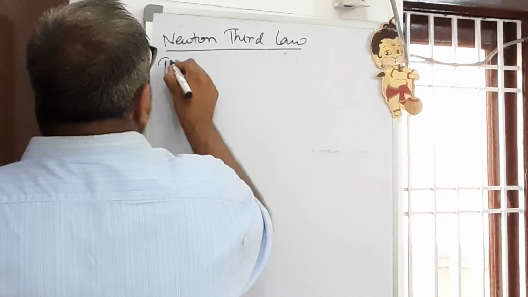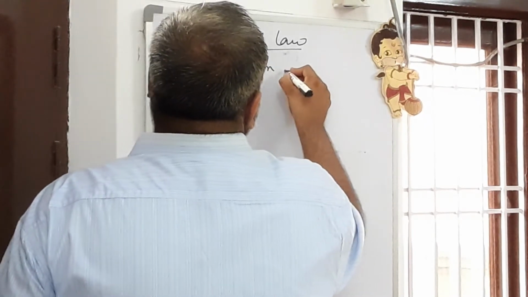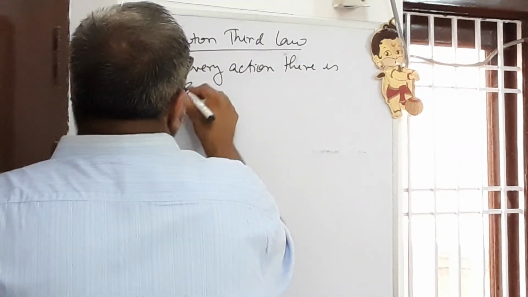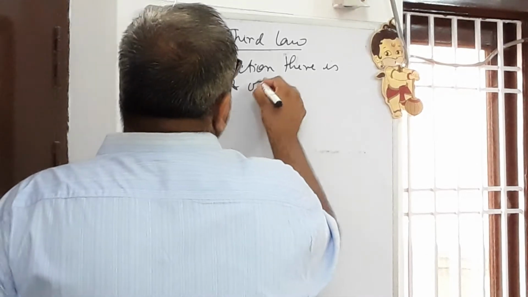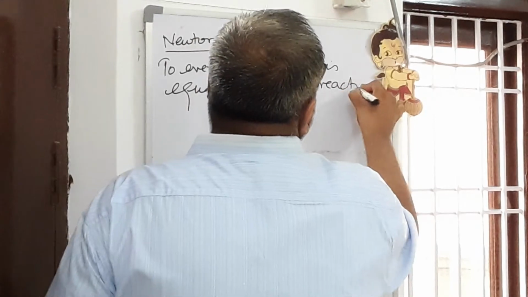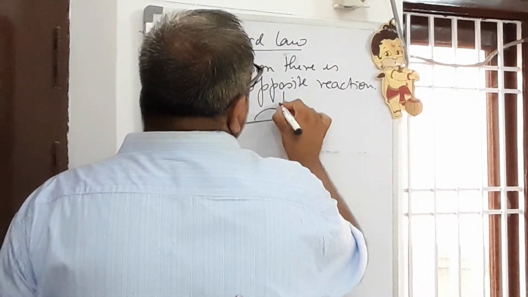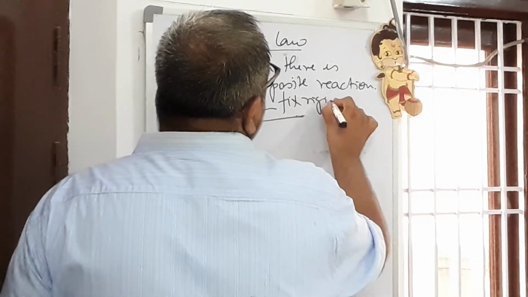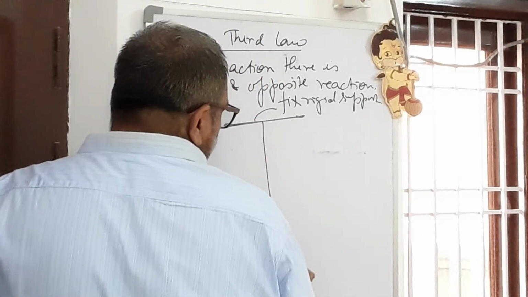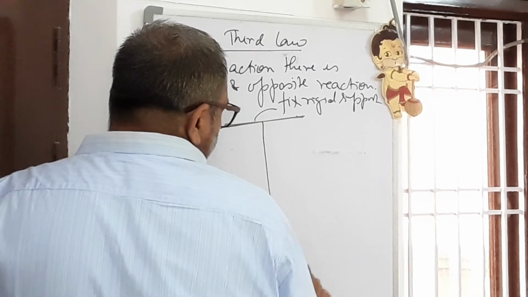According to Newton, to every action there is equal and opposite reaction. For example, this is any fixed rigid support. Here the load is tied, 10 kgf.